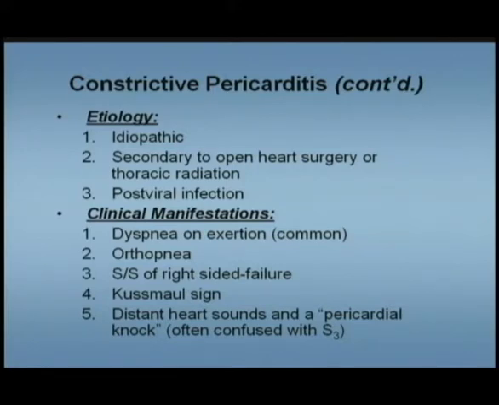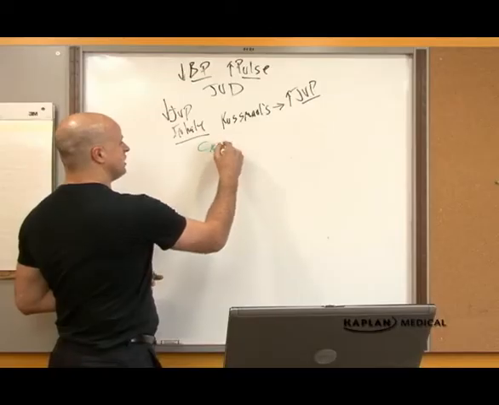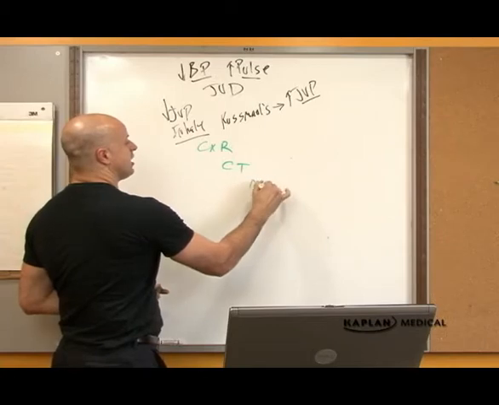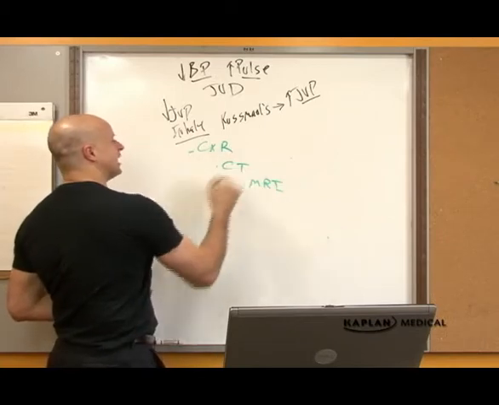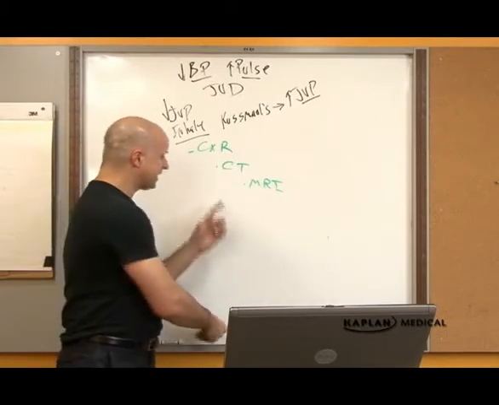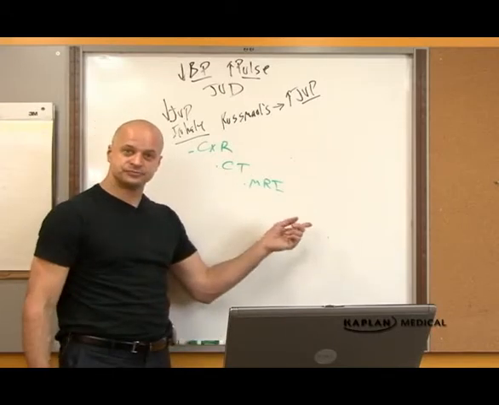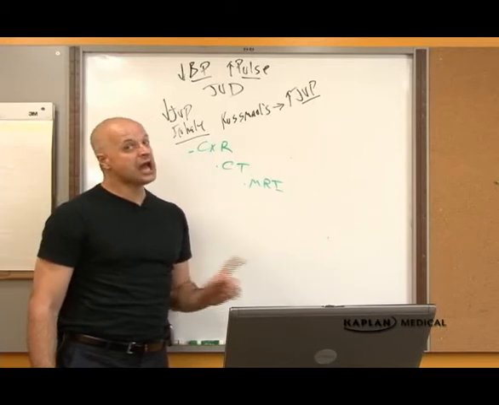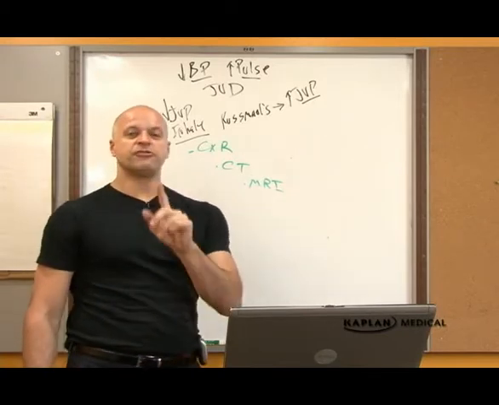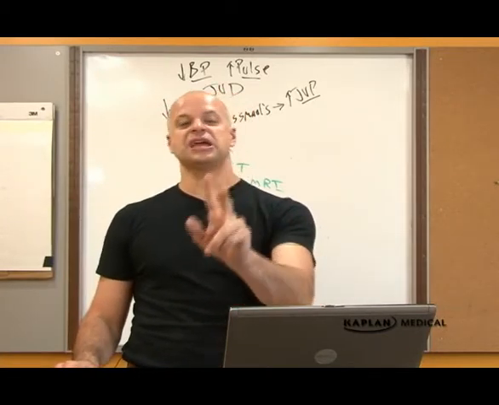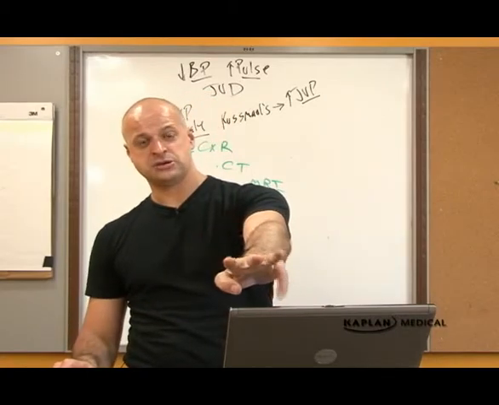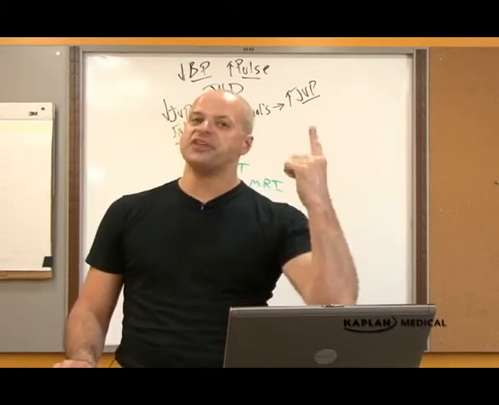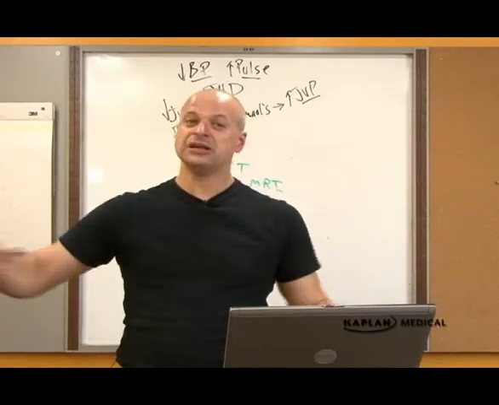Constrictive pericarditis: neck veins go up in inhalation, Kussmaul's sign. Now, the most accurate test for constrictive pericarditis is to do an echo or a chest x-ray or a CT or an MRI looking for the anatomic thickened calcified box called the pericardium. However, before you get to the chest x-ray, the chest CT, and the MRI, you can tell from the knock and the Kussmaul's.